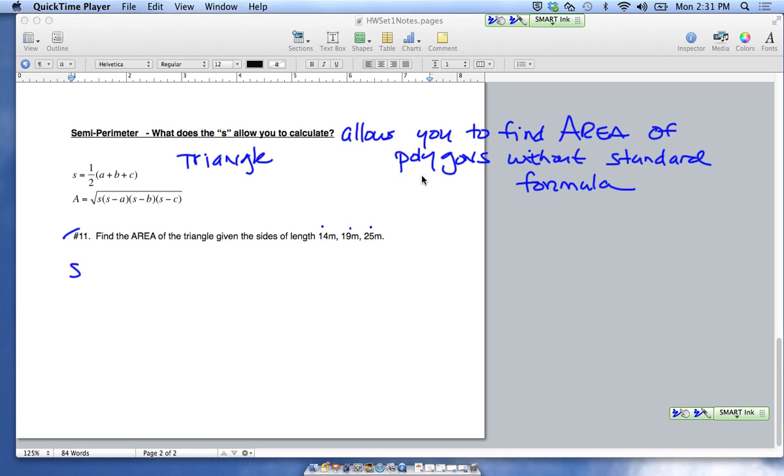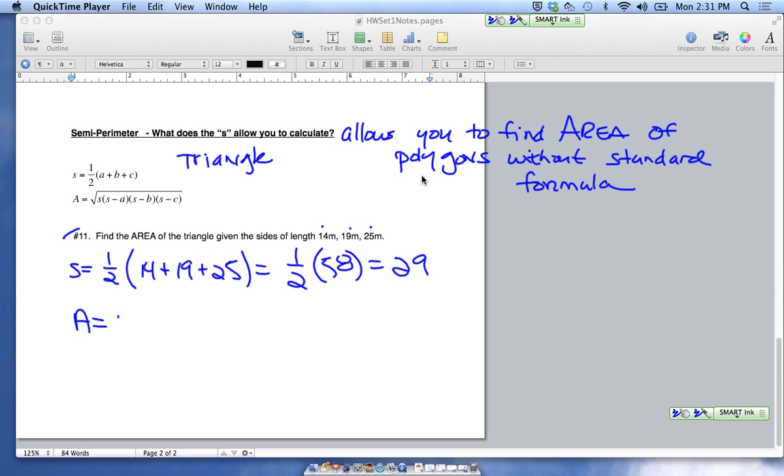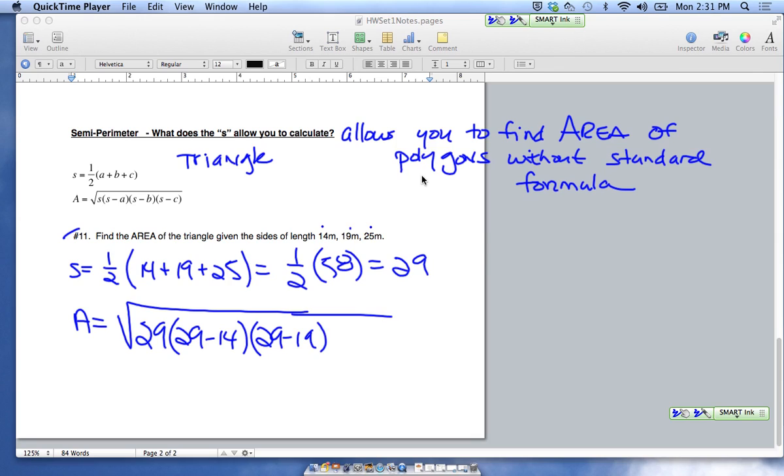So my semi-perimeter, so it's 1/2 of 58. So my semi-perimeter is 29. So the area of this triangle, I would calculate by multiplying the semi-perimeter and the difference of the semi-perimeter and each of the 3 sides.